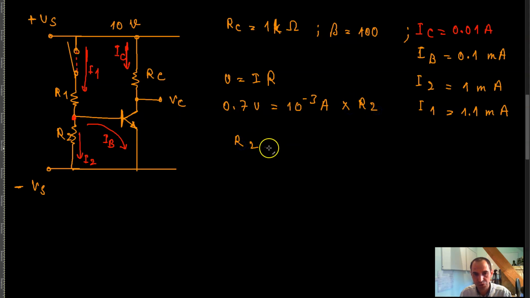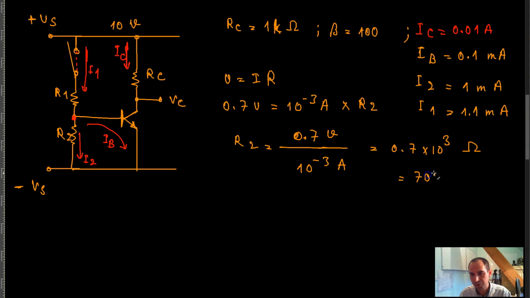That means R2 is 0.7 volts divided by 10 raised to the power negative 3 amp, which is 0.7 into 10 raised to the power 3. Volt per amp is ohms, so that is 700 ohms. That means that R2 is equal to 700 ohms.